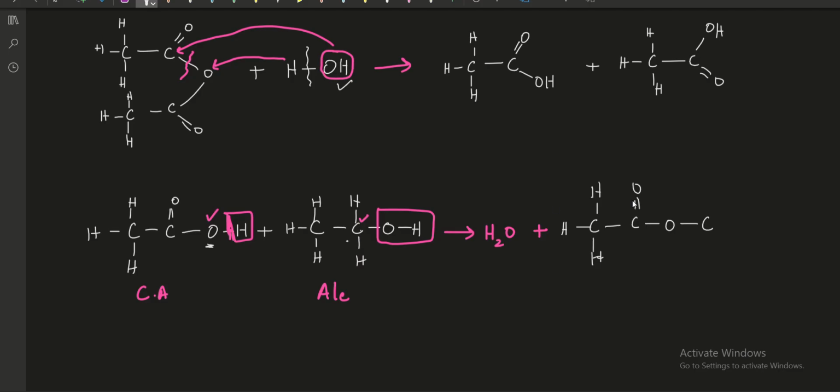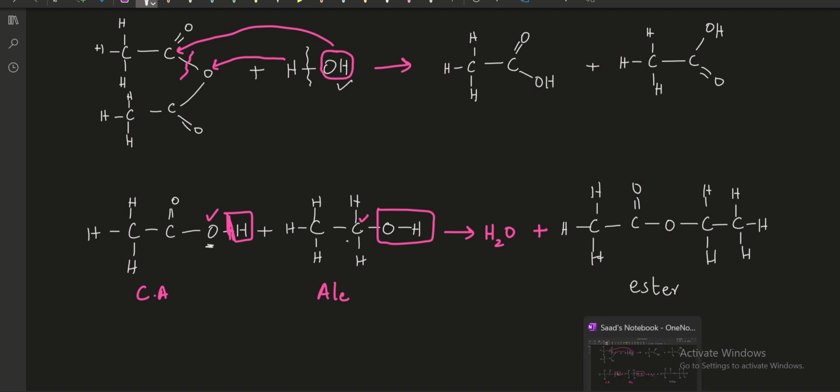Again this carbon is further bonded with two hydrogens and the other carbon, which is in turn bonded with three hydrogens. Now what is this that is formed? This is the ester.